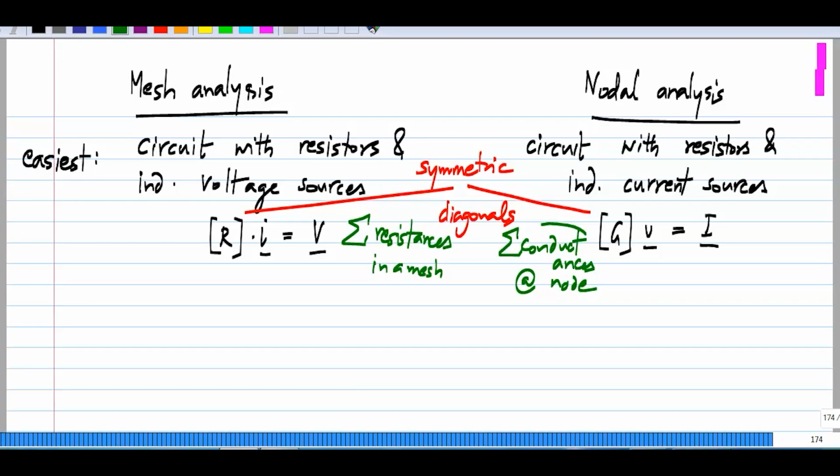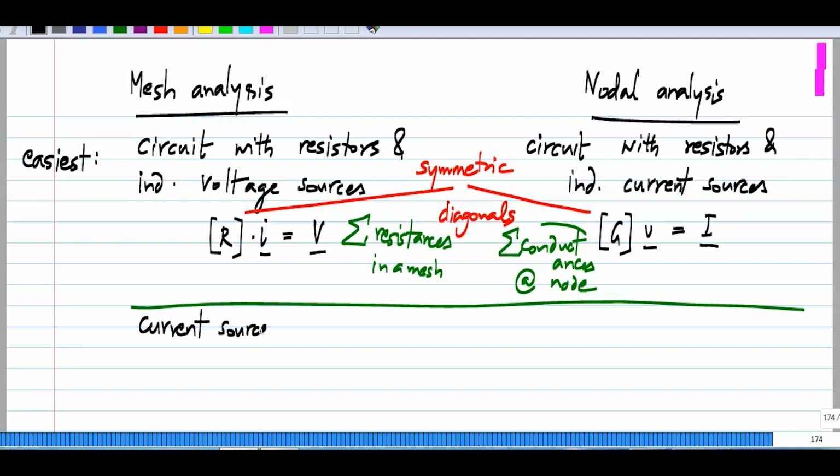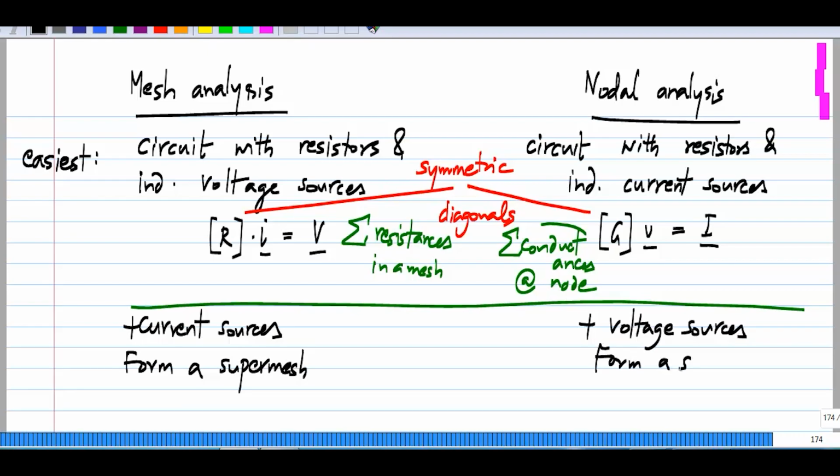Okay, and when you include current sources with mesh analysis, we have to form a super mesh, and this is similar to having independent voltage sources with nodal analysis, in which case you have to form a super node.